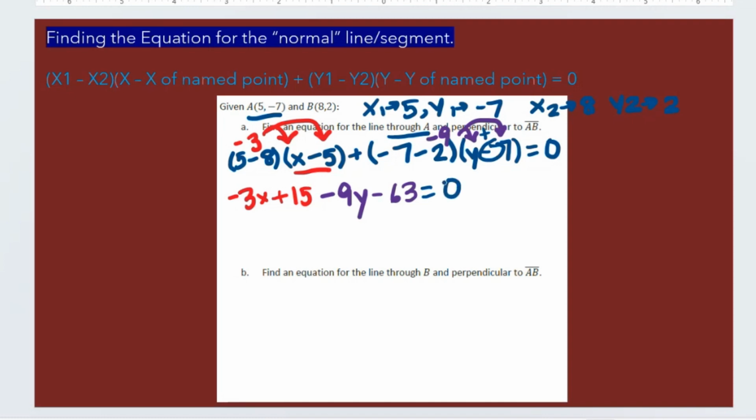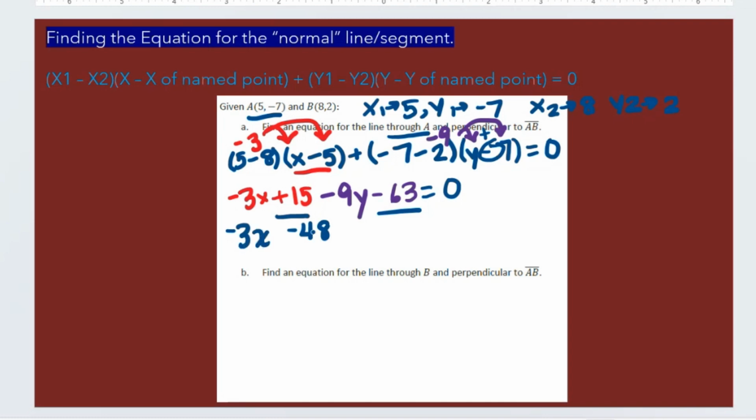Now I'm going to look for what I can combine here. And I can combine the 15 and the -63. Again, you're taking the signs that are right in front of them. 15 minus 63 is -48. All right, I'm going to bring the -3x down.